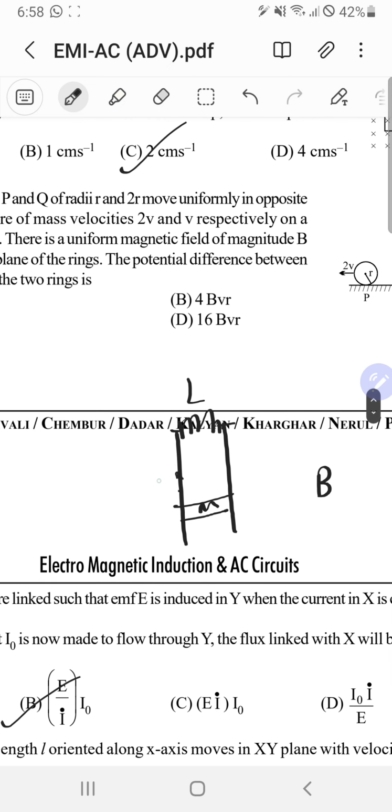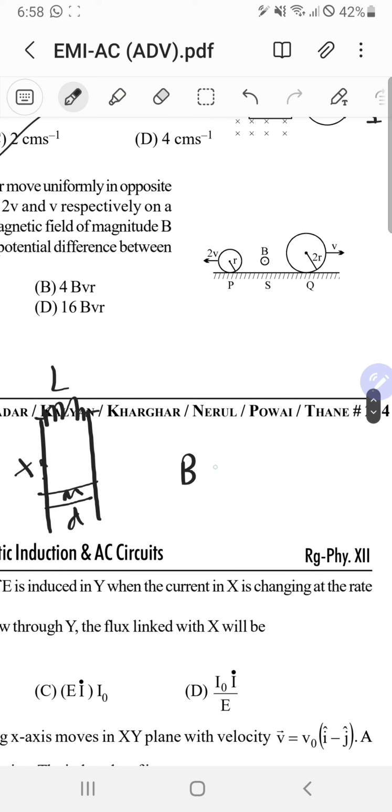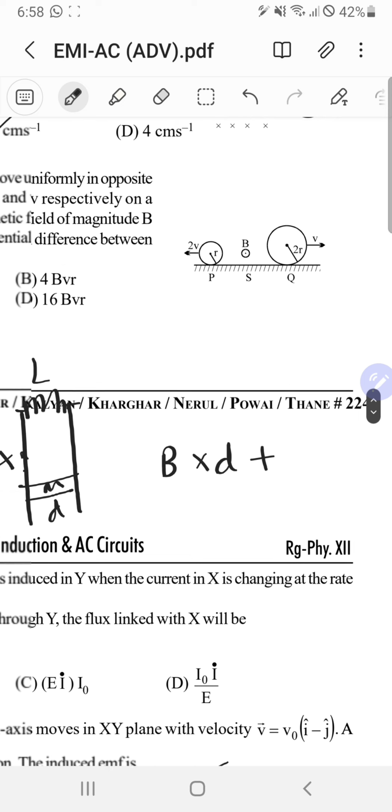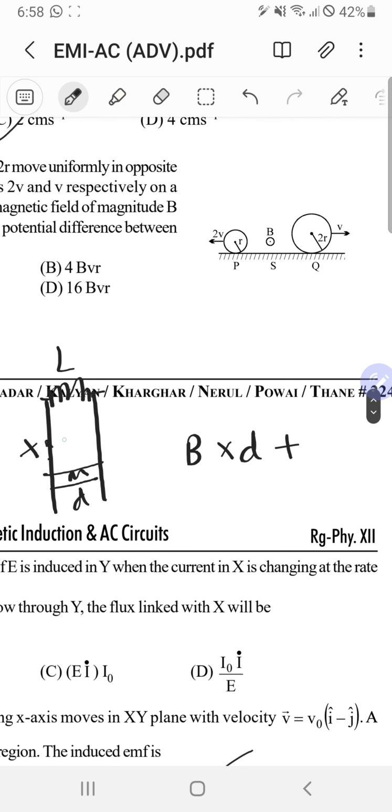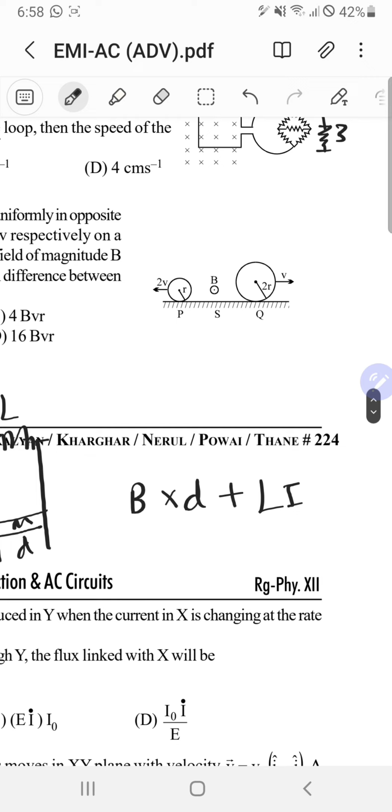Call this x and this d, right? So x times d, that's the flux, plus this thing also producing flux over there, which is L i. That should be correct. So that's the flux. Okay, cool.